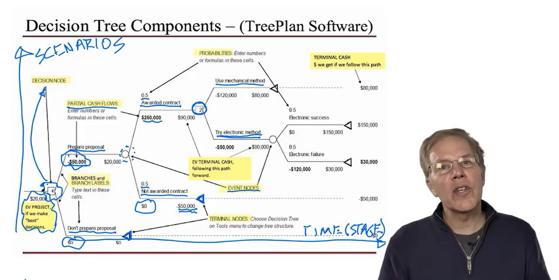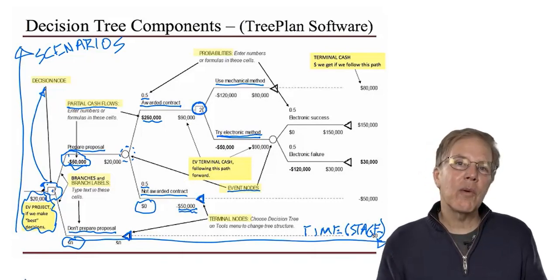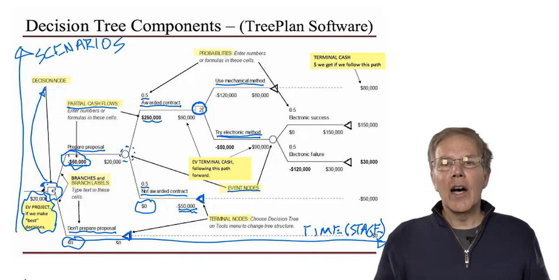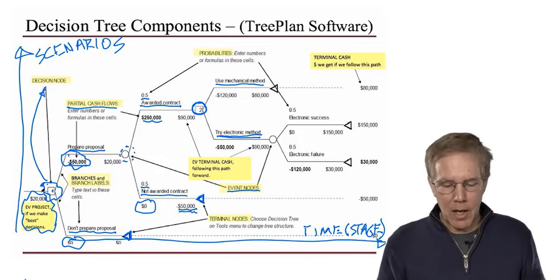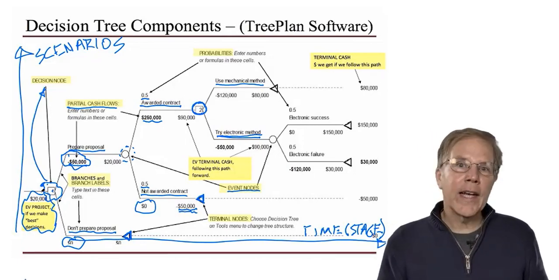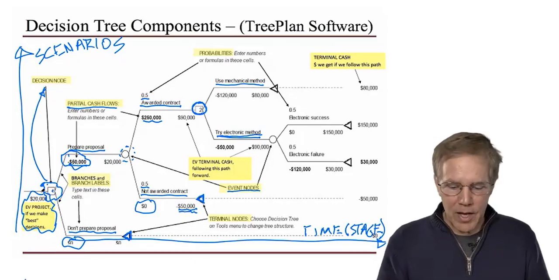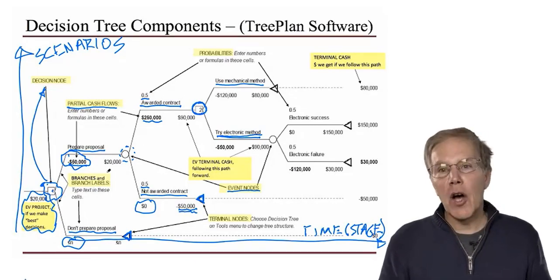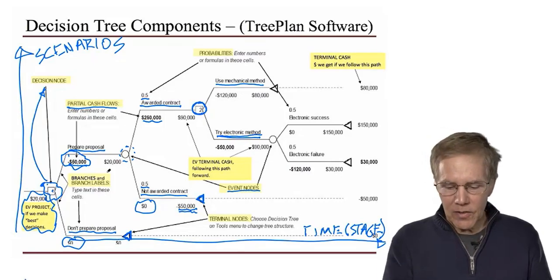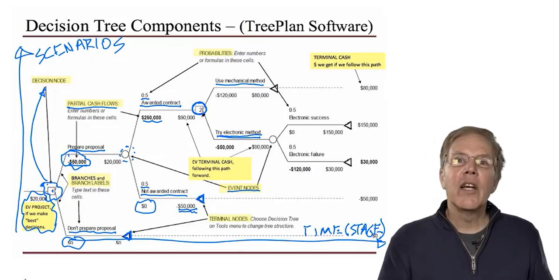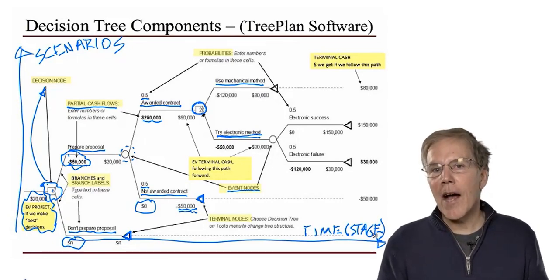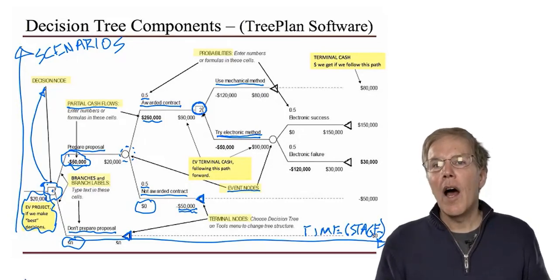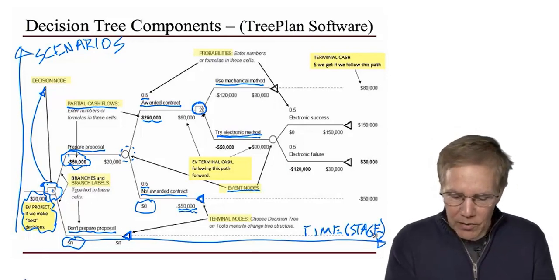So that's the criteria it uses, and we'll see why sometimes that might not be the best thing to do based on our risk criteria, but we'll hold that off for later. So again, just to beat this to death, the TreePlan software and other decision tree software decides which decisions to make using the criteria of which set of decisions is going to lead to the maximum expected value of this tree. All right, so let's keep going.